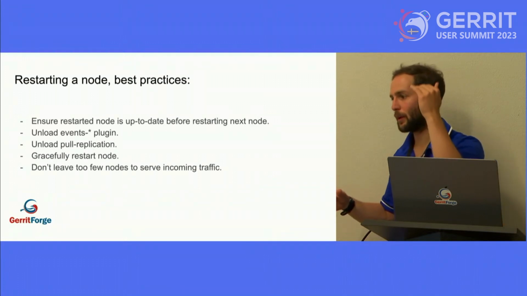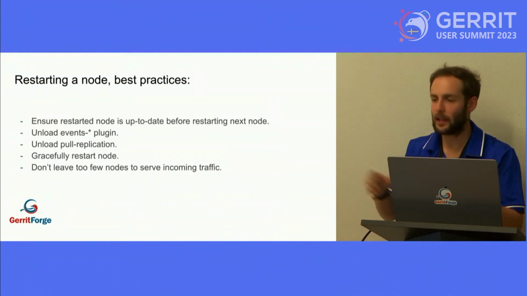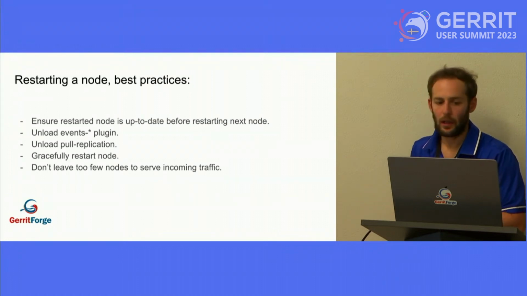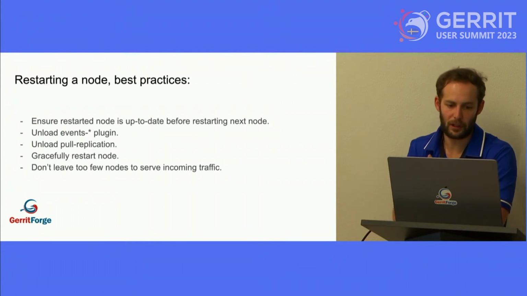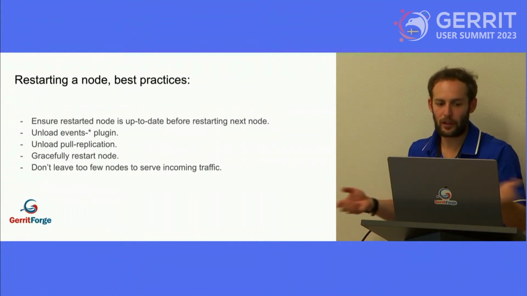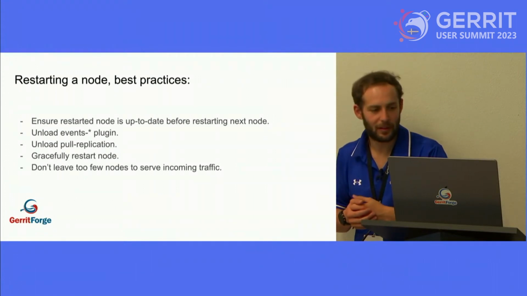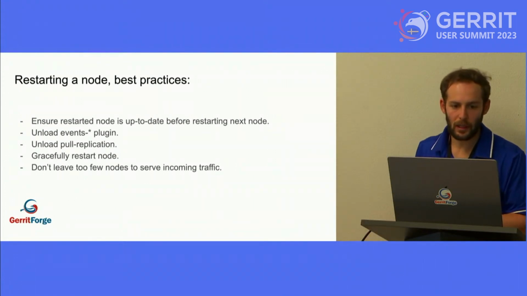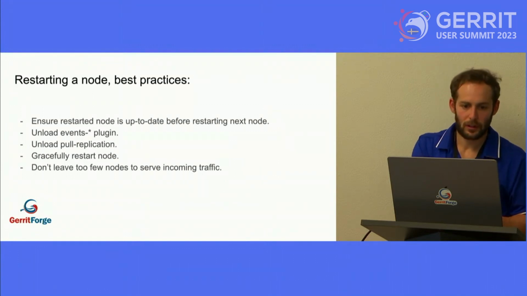This will completely stop ingestion of events. And then you gracefully restart Gerrit. This will give time for the plugins to finish computing their stuff, and everything is good. Obviously, don't leave too few nodes to serve incoming traffic. You don't want to kill yourself. But yeah, that is pretty much it so far.